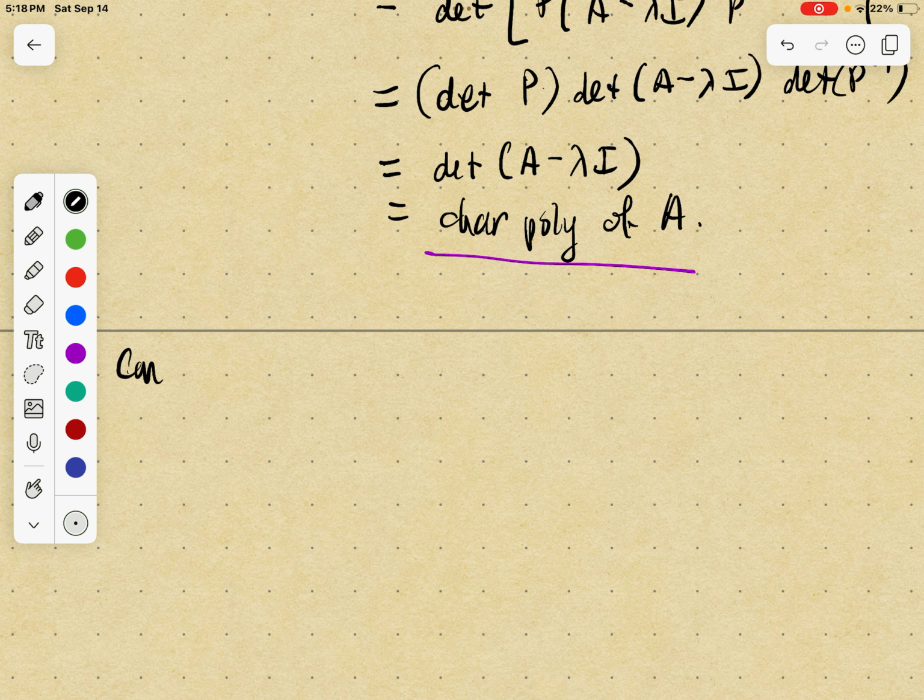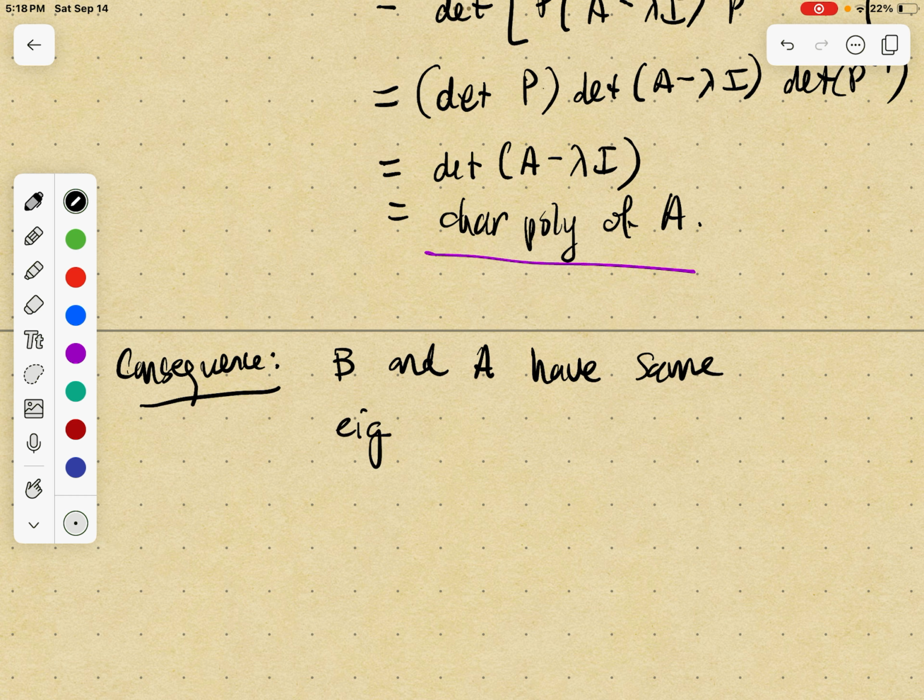So a consequence of this is that similar matrices have the same eigenvalues.